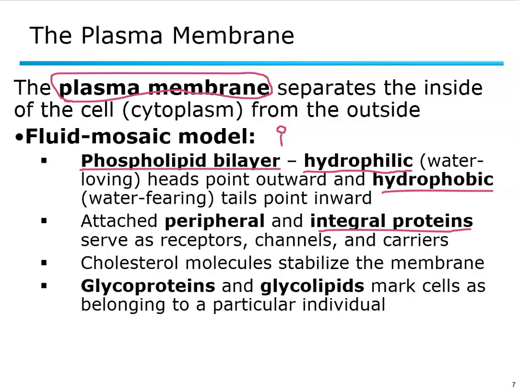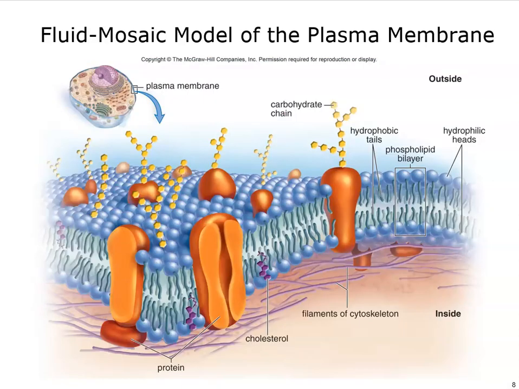Then we have the phospholipids, we have the proteins, we have cholesterol as well, and we have embedded some carbohydrates, marking the cells as belonging to a particular individual. This is the graphical representation for the membrane, and you can see here this is the inside of the cell, this is the outside of the cell, and this is the membrane separating both of them.